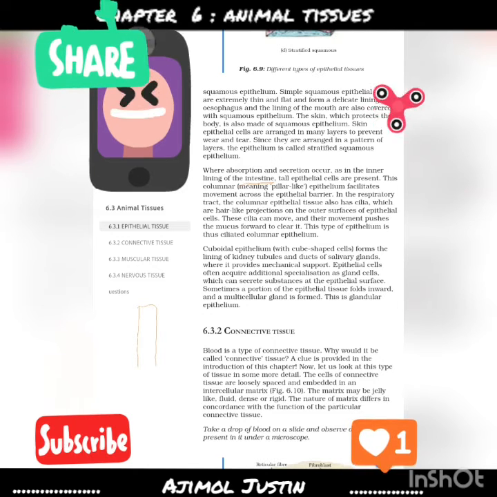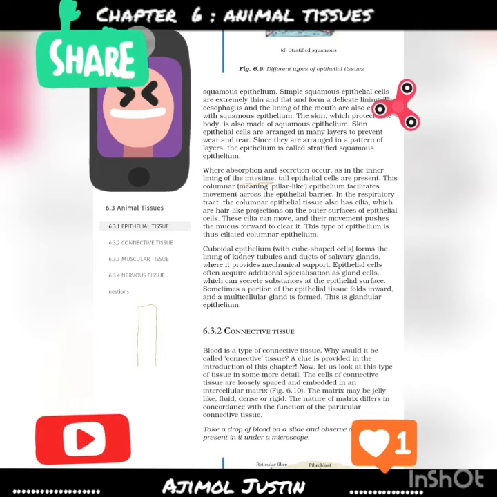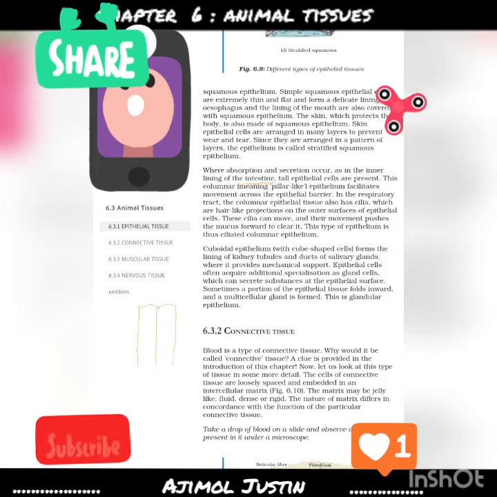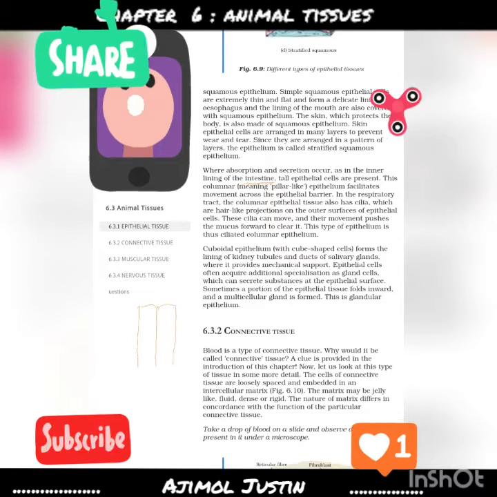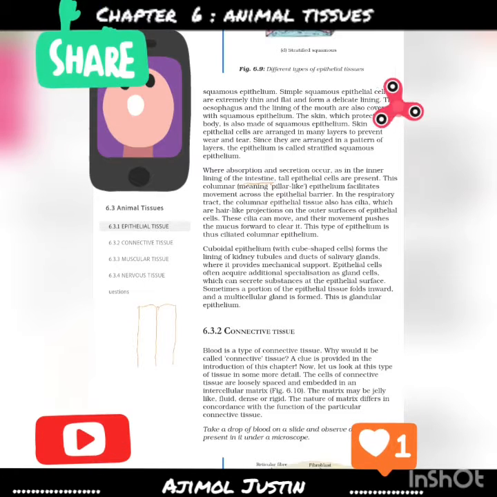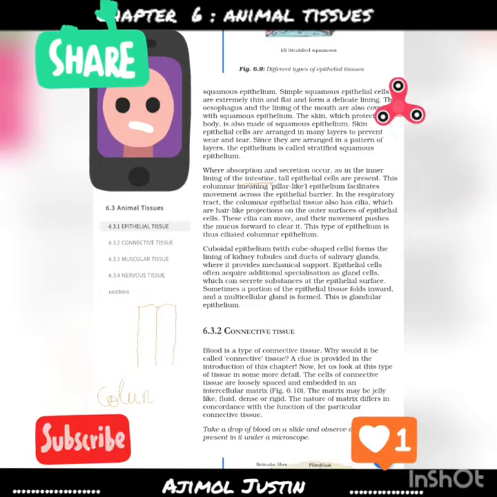For example, they are found in the lining of the intestine. They form pillar-like cells, and this epithelium facilitates movement across the epithelial barrier. This columnar epithelium is also found in the respiratory tract. What are they called? Columnar epithelium.